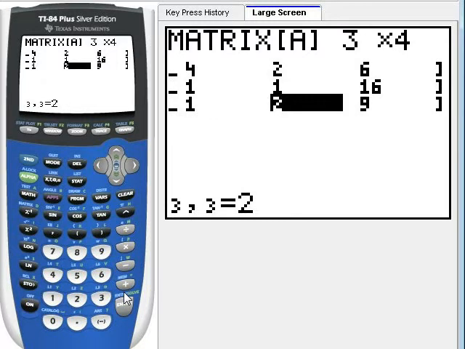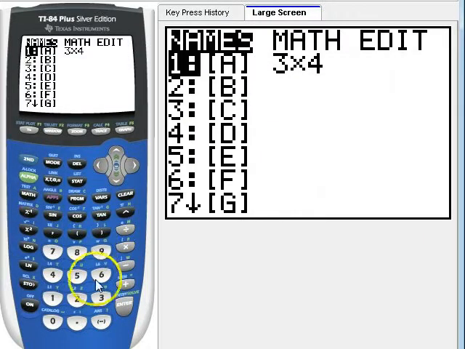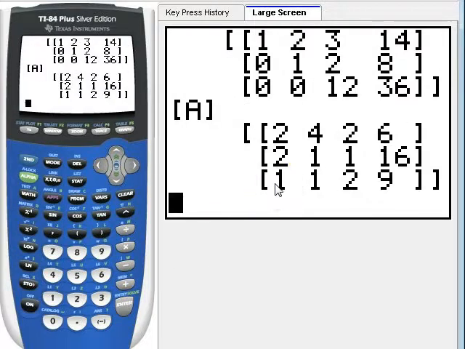So there were 5 row operations that it took to convert this into upper triangular form. Matrix, if just to look at it to make sure it's in there all right. 2, 4, 2, 6, 2, 1, 1, 16, 1, 1, 2, 9.